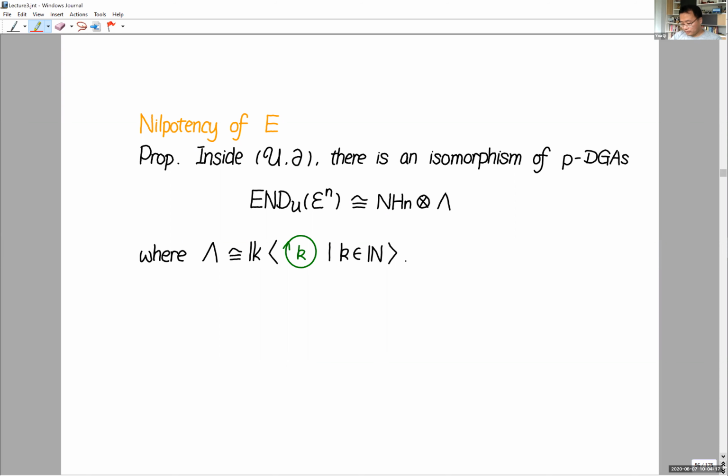Consider n copies of E at the bottom and n copies of E at the top: how the E to the nth power at the bottom can evolve into the E to the nth power at the top.